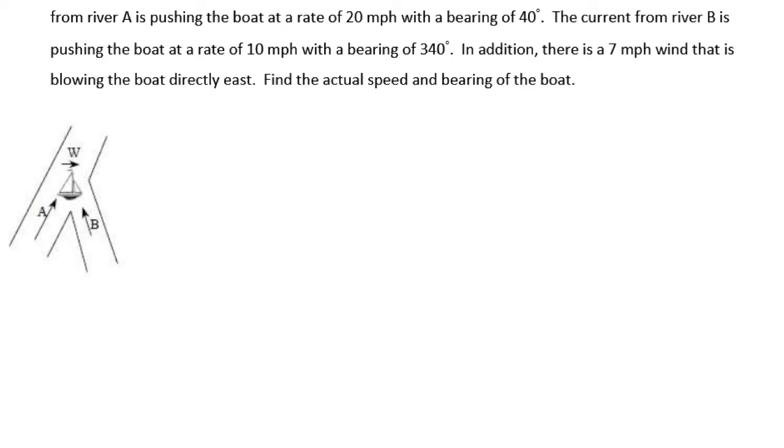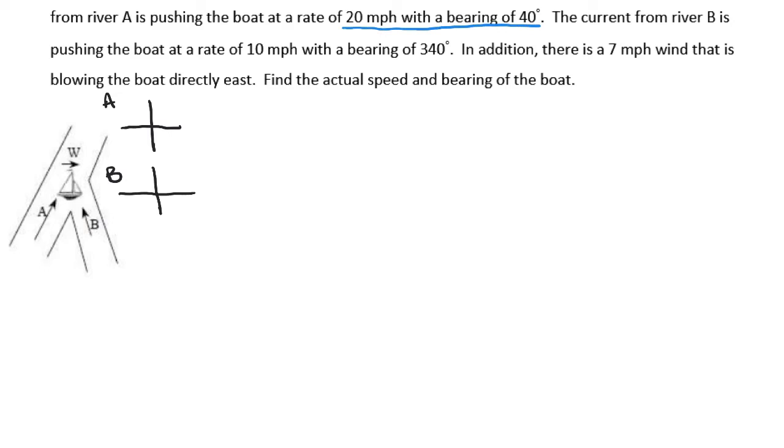Let's get ourselves set up here. So I'm going to start by drawing a picture of River A. We need River A, we need River B, and then we'll come up with our actual. So River A, pushing the boat at 20 miles an hour at a bearing of 40.